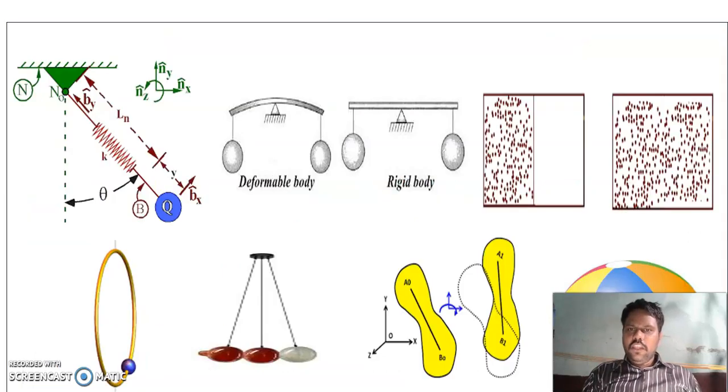In this slide, we observe a pendulum with a variable length is an example of rheonomic constraint. A deformable body, a bead on a rotating wire, and gas expansion, they are all examples of rheonomic constraint.